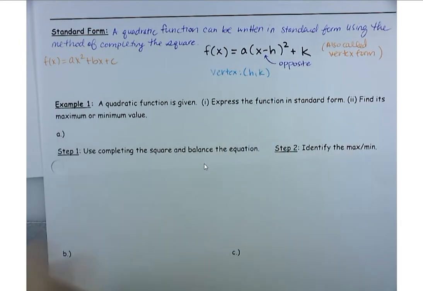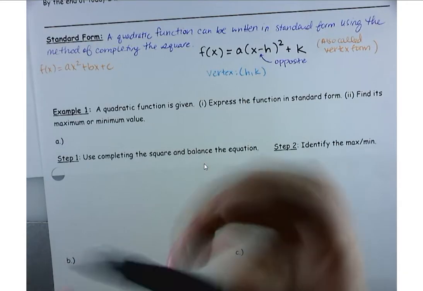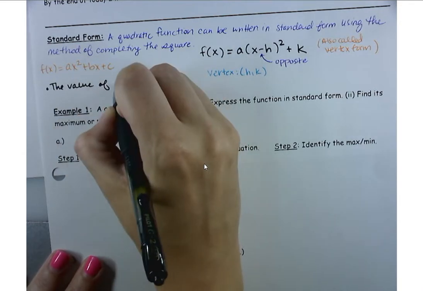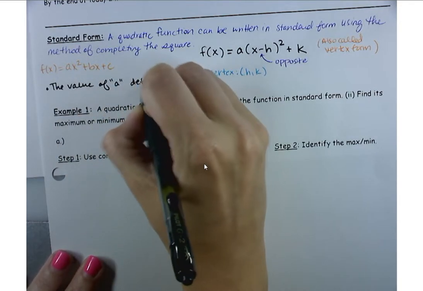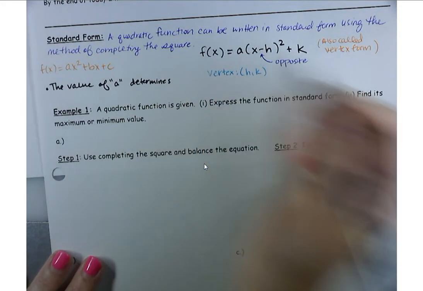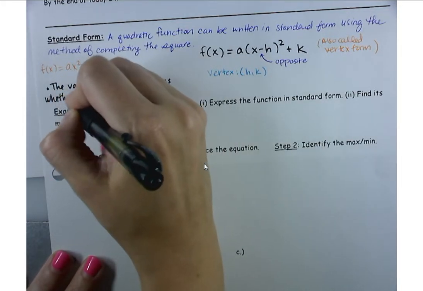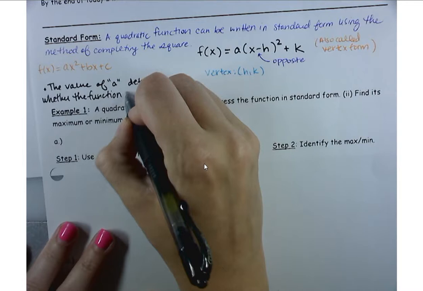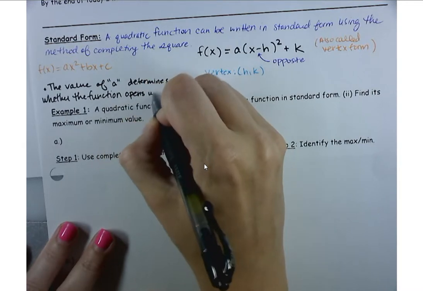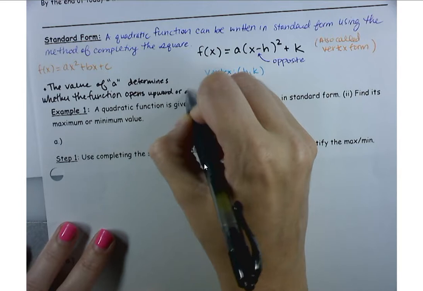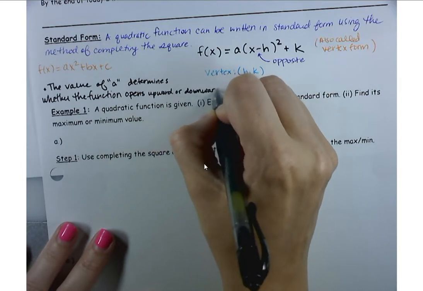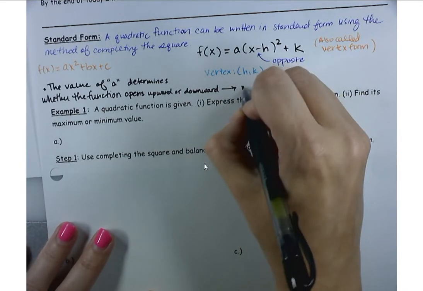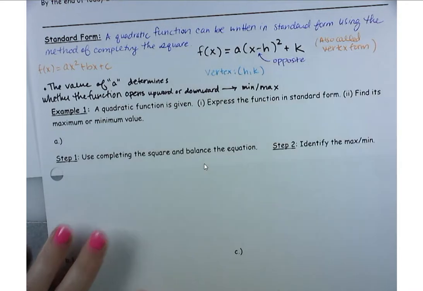Now your value of a, so this value of a here, determines whether the function opens upward or downward, which basically means it determines whether the function is a minimum or a maximum.